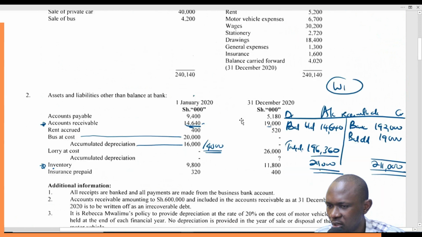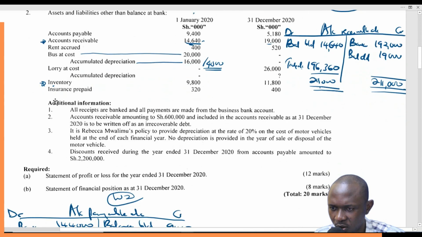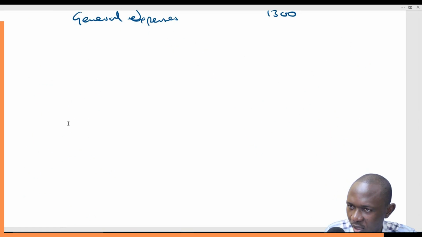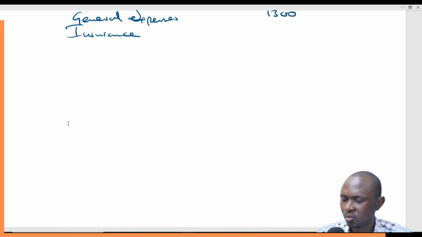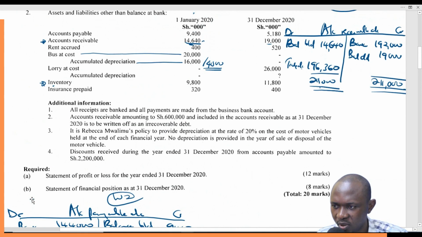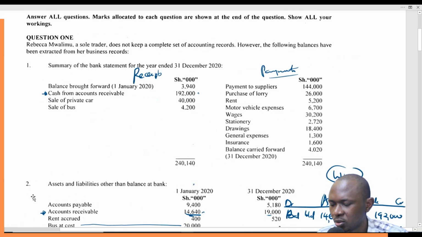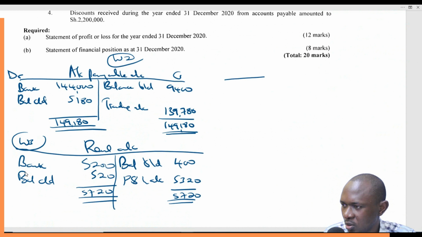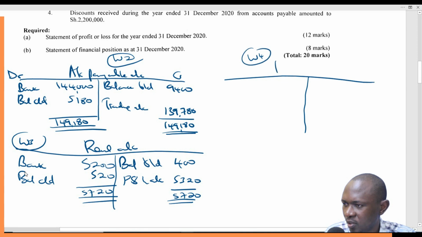insurance 1,600. Yes, we have insurance there, so that one will have to have workings. Let's do the workings for the insurance account.